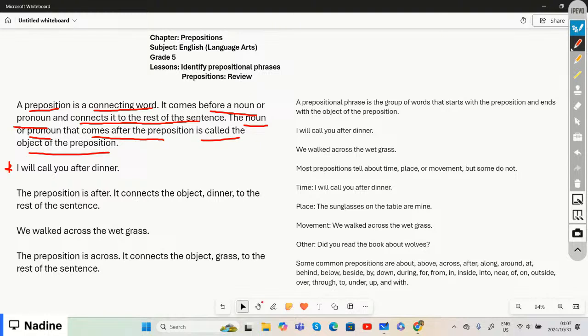If we were to identify our preposition, then our preposition is after. And remember, the noun or the pronoun that comes after the preposition, we call that the object of preposition, which means that dinner is the object of preposition and it connects it to the rest of the sentence.